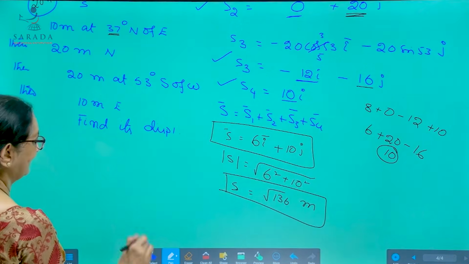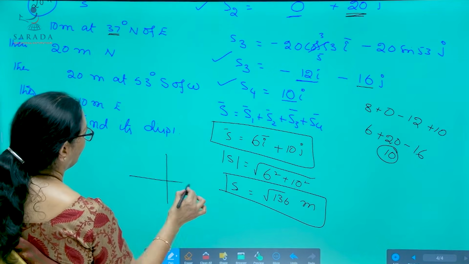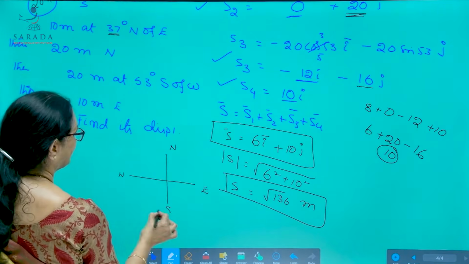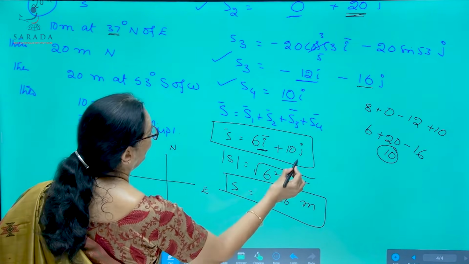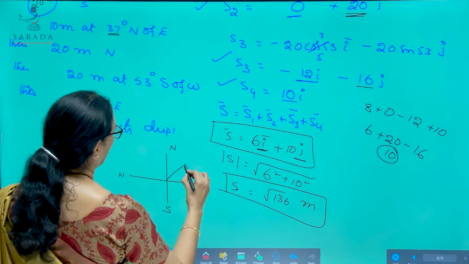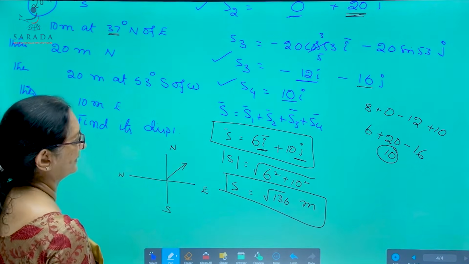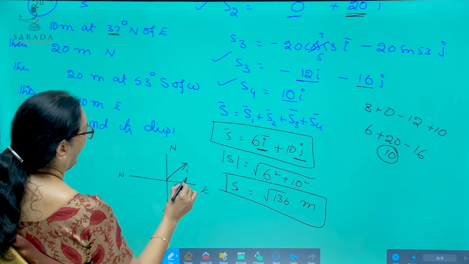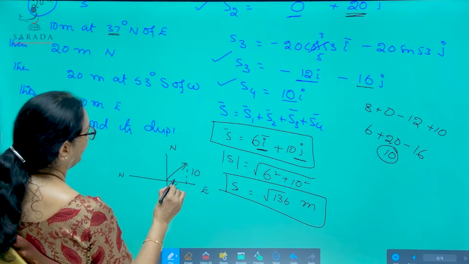Coming to the direction, look here. This is east, this is west, this is north, this is south. It has i bar and j bar. So, it is in the first quadrant. Here x component is 6 and y component is 10.